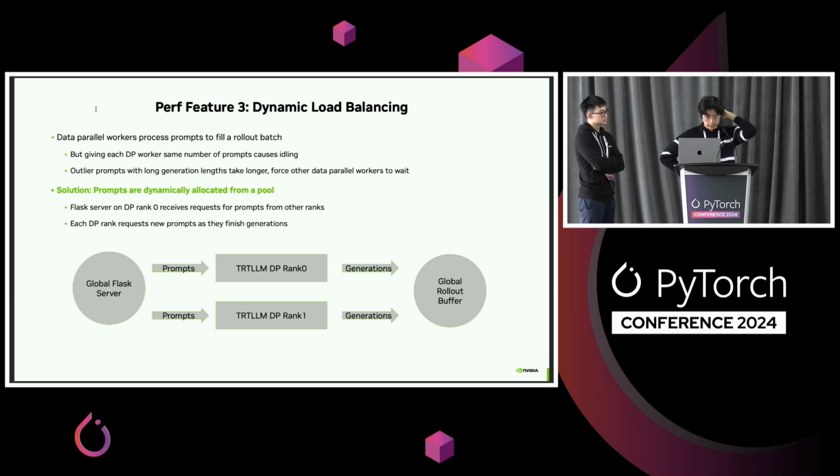Each worker consumes those prompts, does generations, and then pushes those generations into a global rollout buffer. When we finish inference, we rebalance that global rollout buffer for training. This is great because for RLHF, when we run at scale, we have many DP workers. So this is a really effective way to make sure that each DP worker is constantly being utilized, which is great for perf.